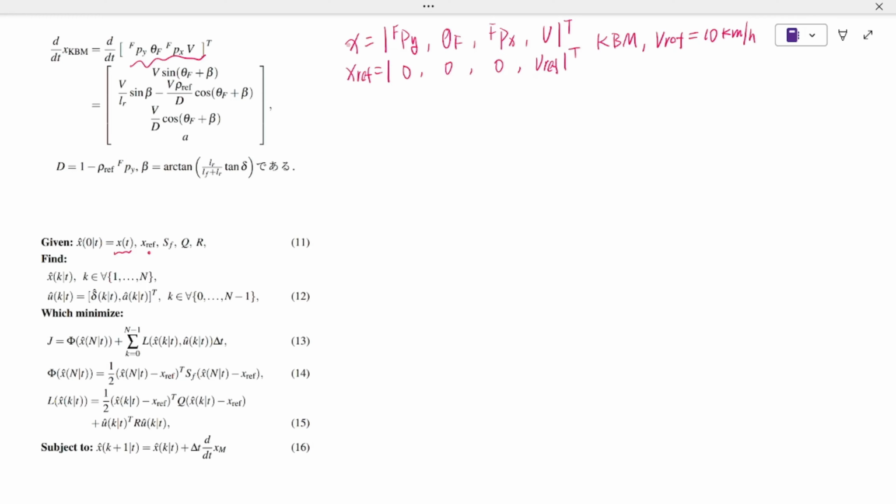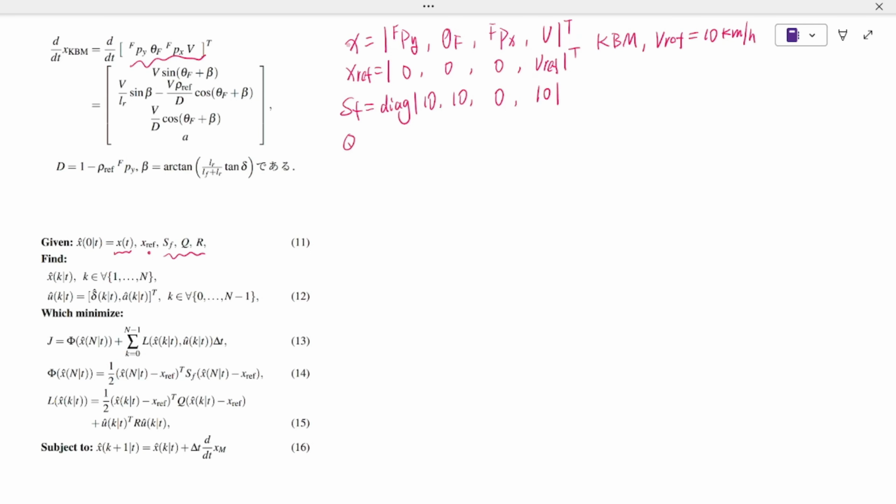All right. Next, the three matrices. SF equals diag. The weight of FPY is 10, theta F is 10, and FPX is 0, and the velocity is 10. Okay.